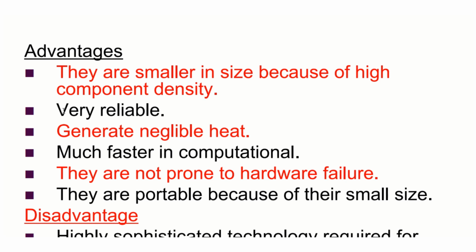They generated negligible heat, meaning very little heat. They were much faster in computation, meaning a very high processing speed. They are not prone to hardware failure, and they are portable because of their small size.